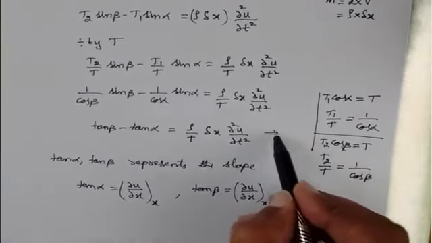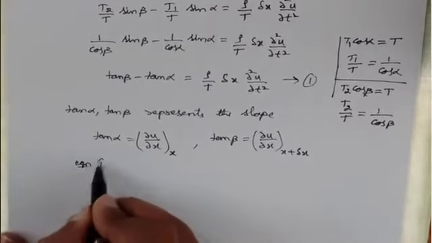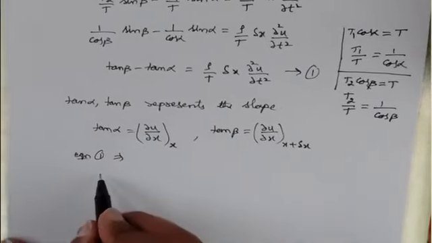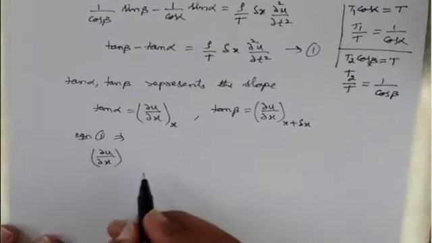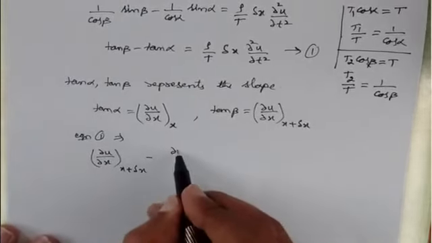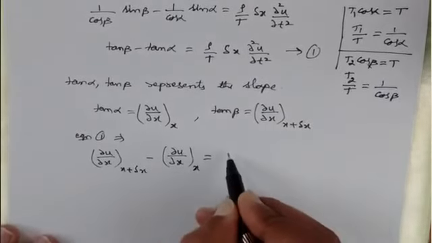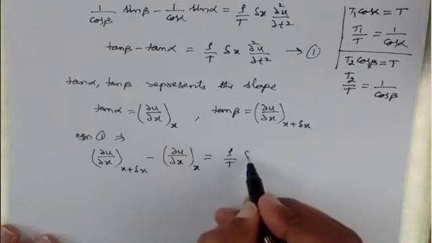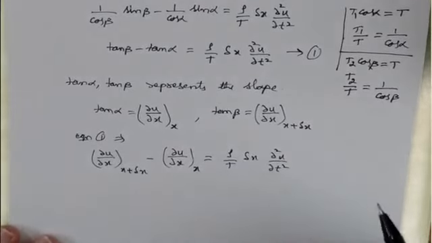Take this as equation number 1. Equation number 1 implies tan beta, you can substitute dou u by dou x at the point x plus delta x, minus tan alpha, which is dou u by dou x at the point x, is equal to rho by t into delta x into dou square u by dou t square.